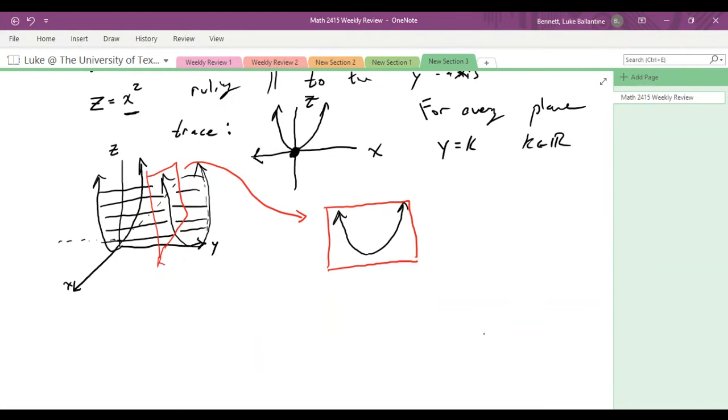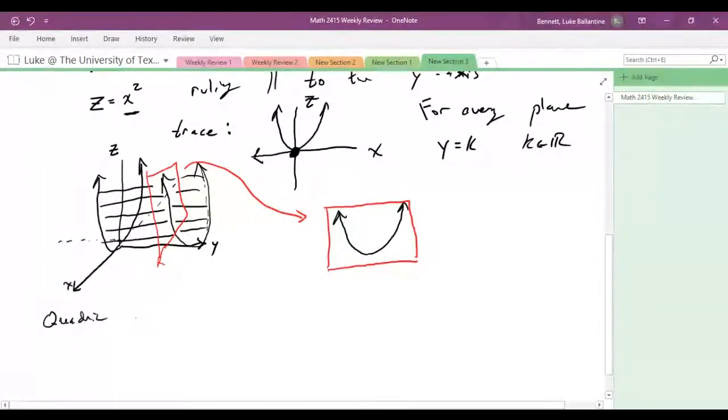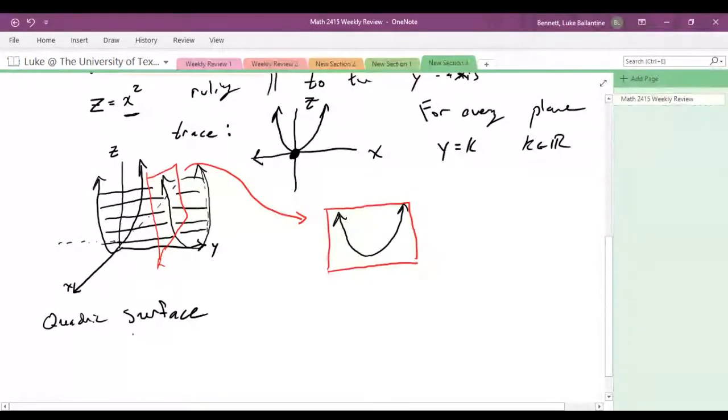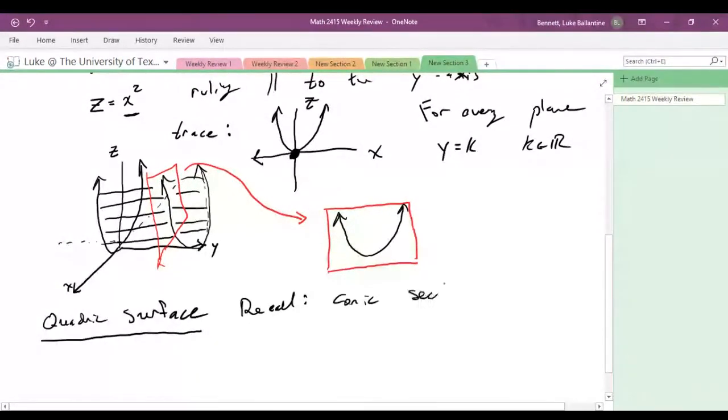So now we're going to talk about quadric surfaces. So quadric surfaces. It's going to be easier if you recall your conic sections from pre-calculus.